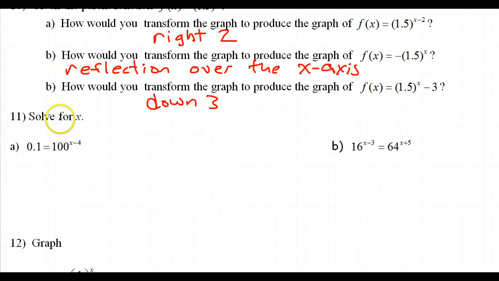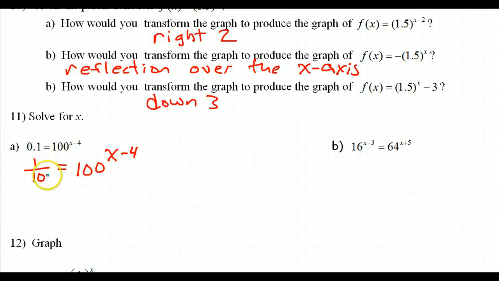Moving on. Now we need to solve for x. Solving these exponential equations. The trick for this first one is to write this as a fraction. You should have learned in elementary school that 0.1 is the same thing as 1/10. So this is 1/10 is equal to 100 to the x minus 4 power.